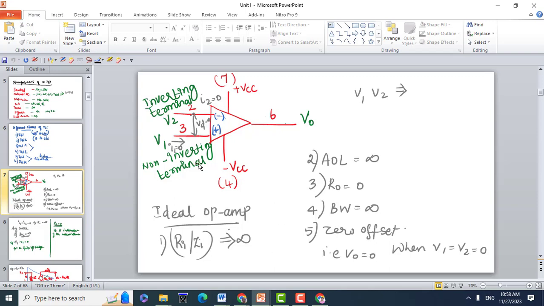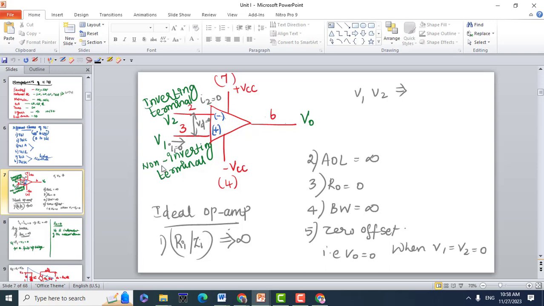Okay. So for an ideal op amp, at the input terminals, V1 and V2 are the input voltages in your non-inverting and the inverting terminal. The difference in voltage is said to be Vd. Okay, assume that initially V1 equals V2, so Vd is equal to 0. For an ideal operational amplifier, the Vd has to be 0.